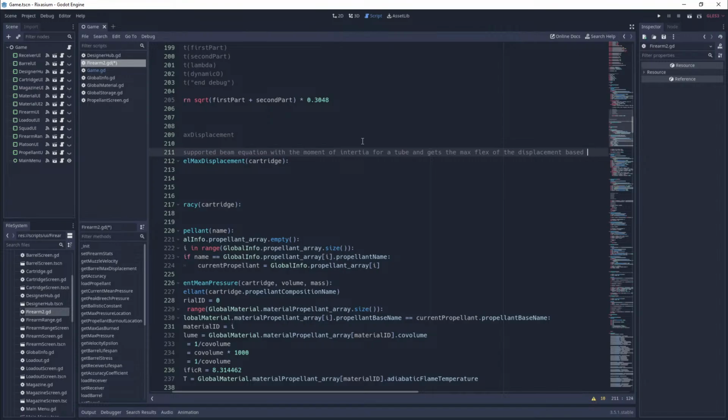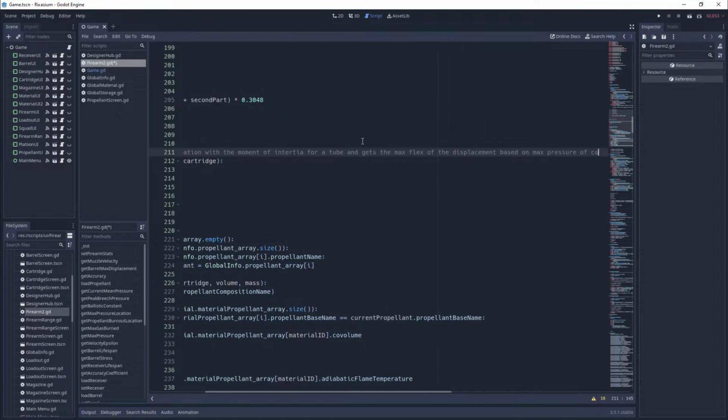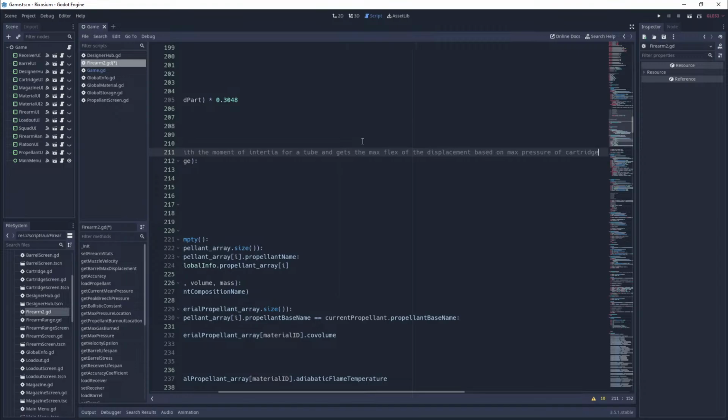So this is going to be just based on, words escape me all the time, based on max pressure of cartridge.